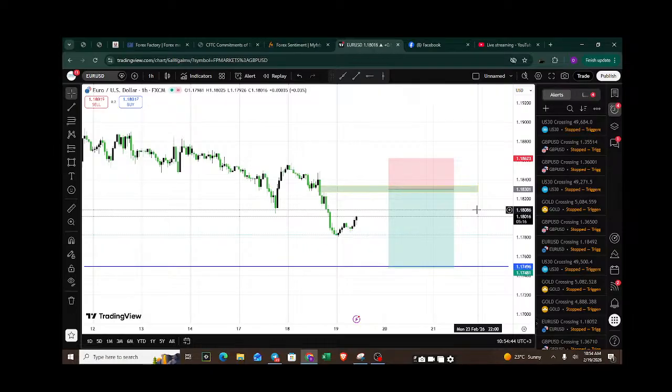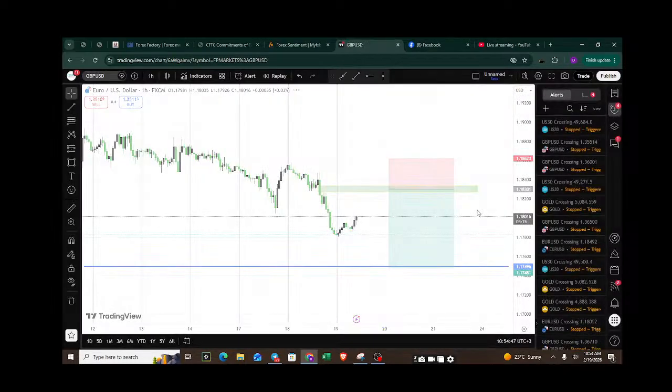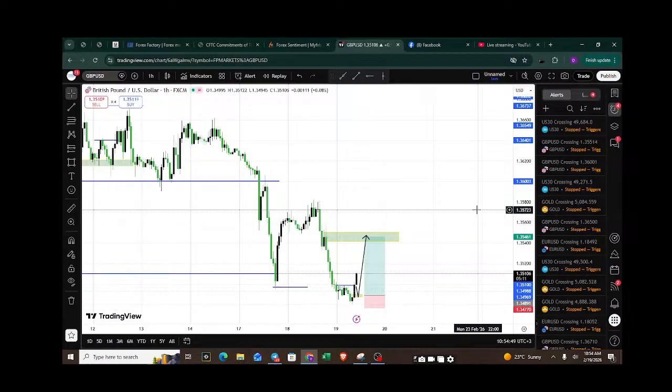Okay, so right now we have 3 trades. One trade is running, the other trade is not running.